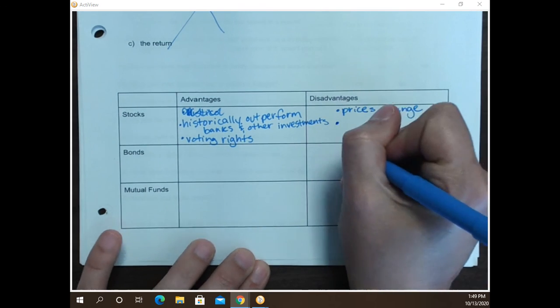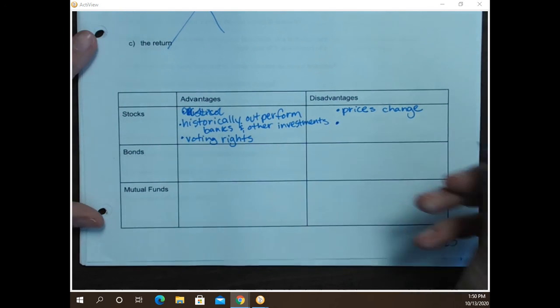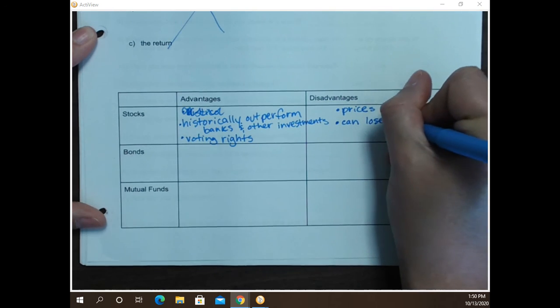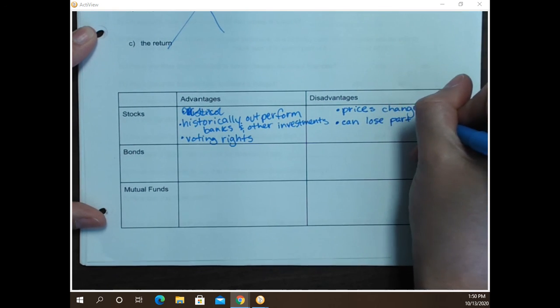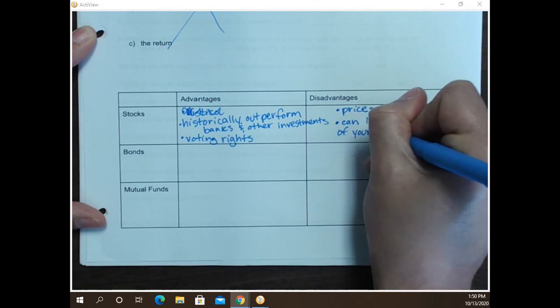The other disadvantage of a stock, which is again something we learned about in history class, is that you can lose part or all of your investment.